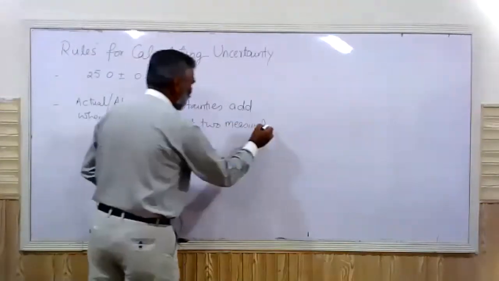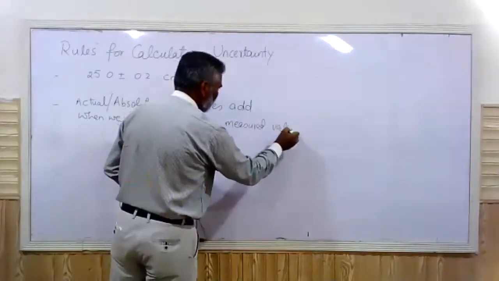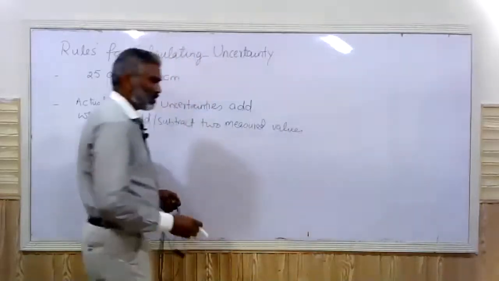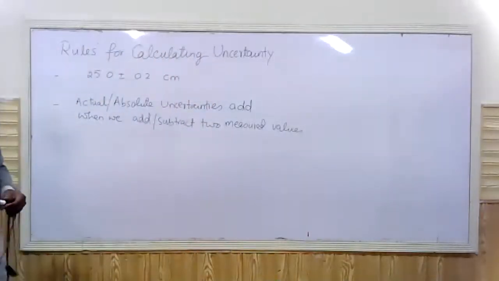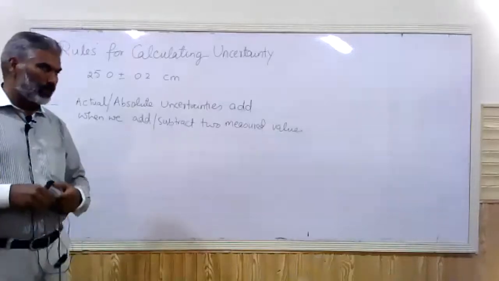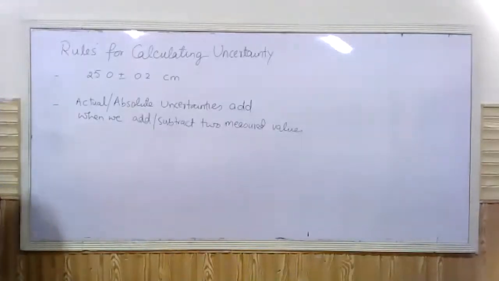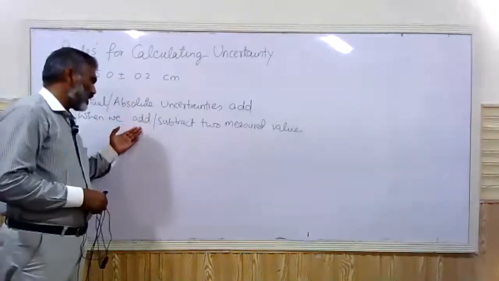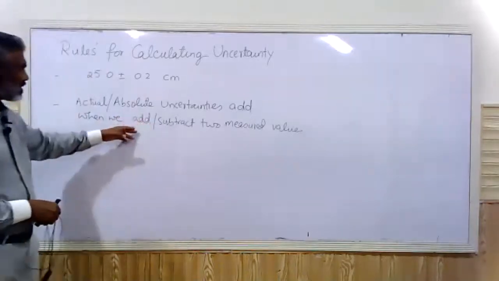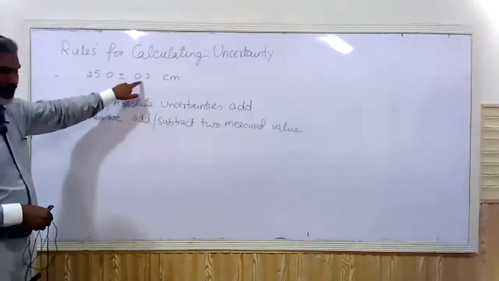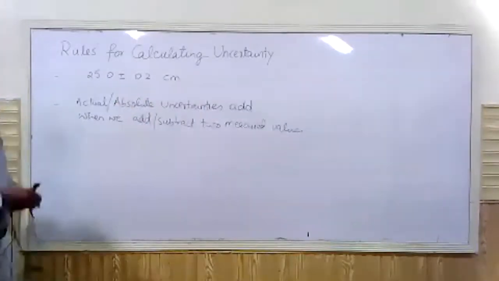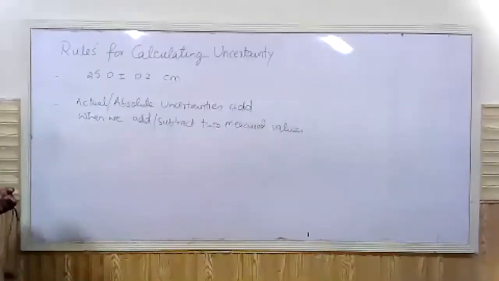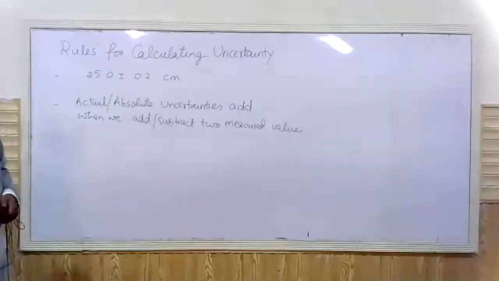Let me write it here. Two measured values, which could be two lengths, which could be two masses, and then we need to add them. We need to take the difference of them. So any two measurements could be added or subtracted, but we carefully add their actual uncertainties. So if it is made with the same instrument, it simply gets doubled.